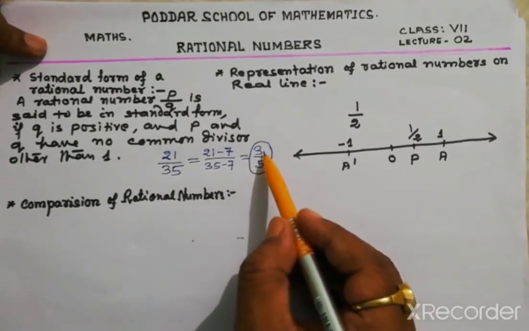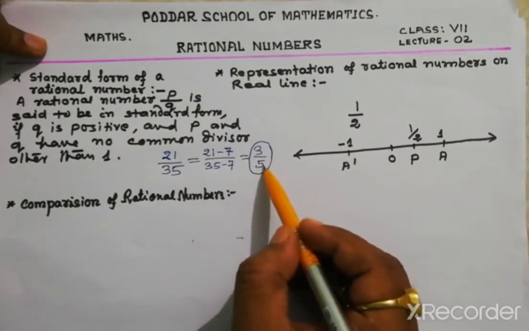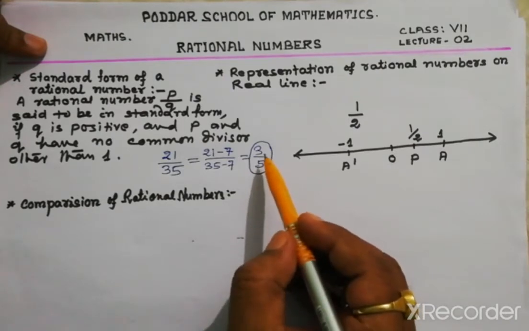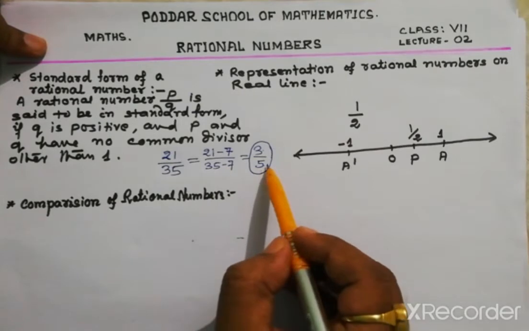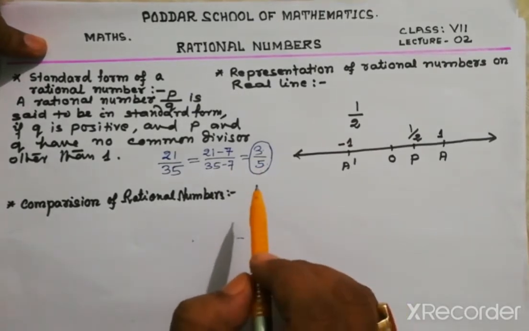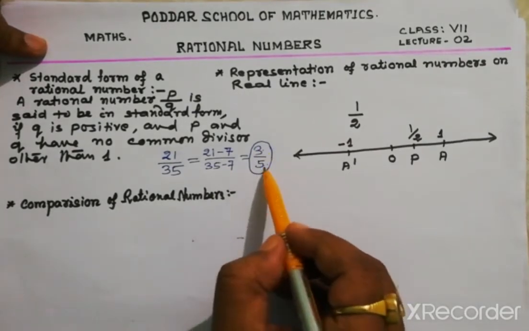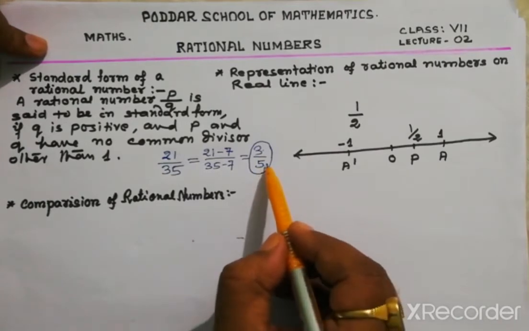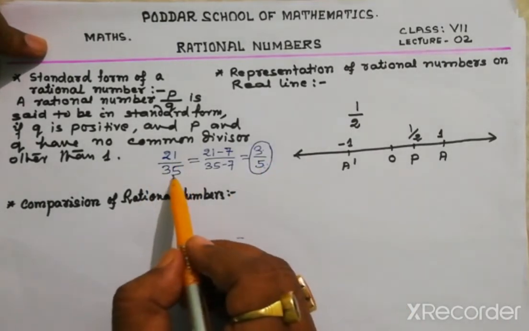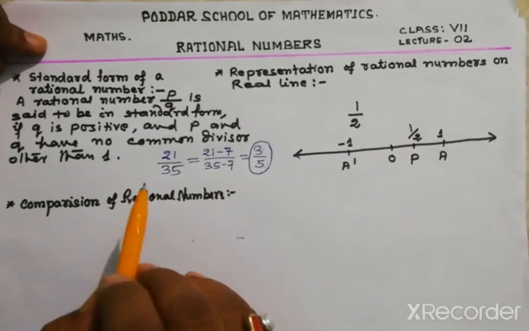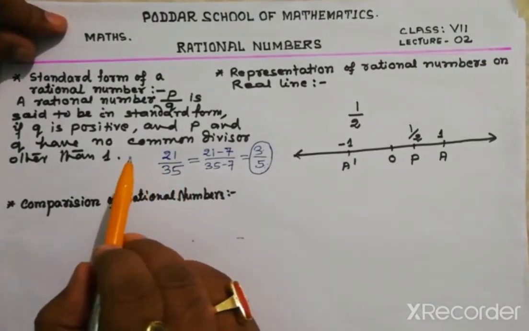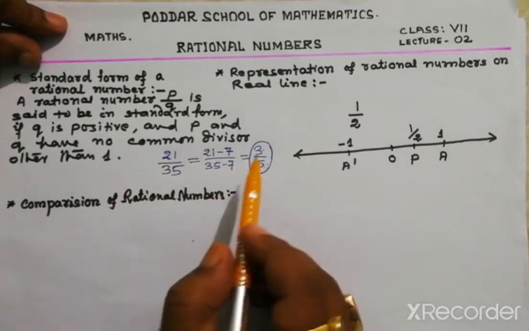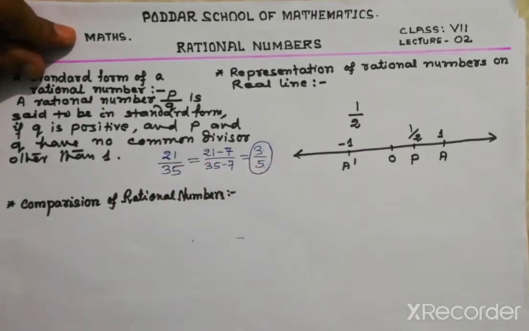Here it is in the form of p by q, and q is positive, and p and q, meaning 3 and 5, have no common divisor other than 1. So 3 by 5 is the standard form of the rational number 21 by 35. I think it is clear. So a rational number is converted to its standard form easily.